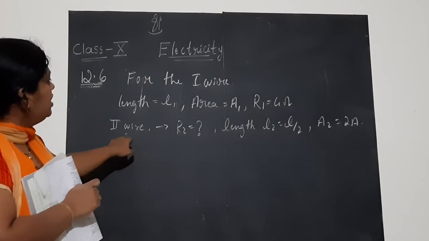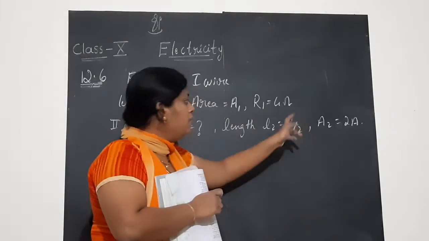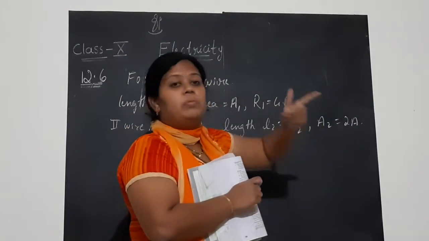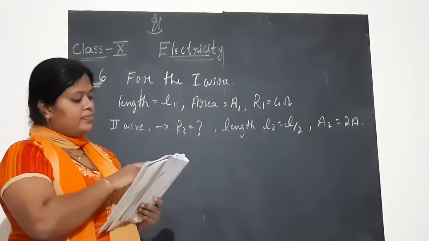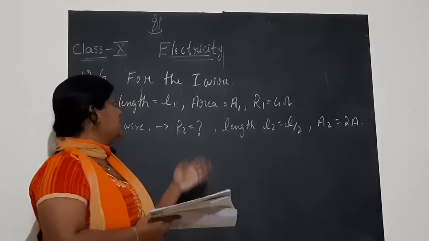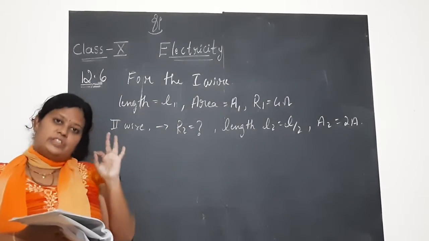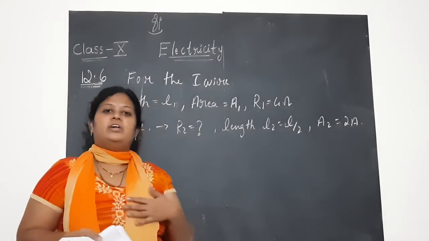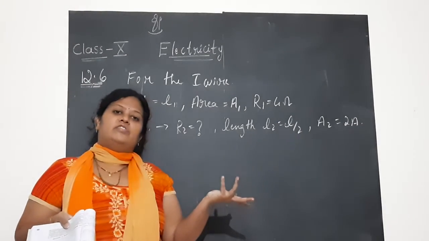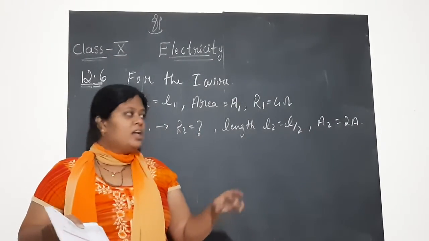For the second wire, resistance R2 we don't know, but length is halved, L by 2, area is doubled, so 2A. What will be the resistance? There are 2 wires which are of the same material. Suppose, see, in the previous problem we got to know manganese was the wire. Same example we can consider for the time being, no problem. 2 manganese wires have been taken.